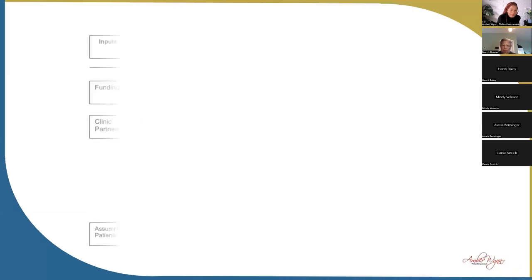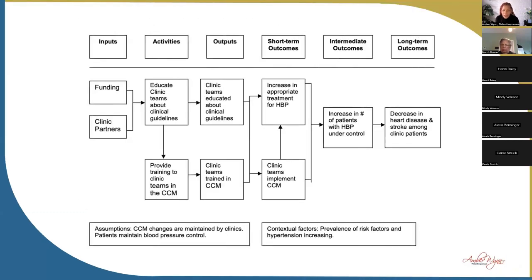So as it relates to what a logic model would potentially look like, there are 15 different versions. You need to find one that's going to work for you, and once you find the logic model that works for you, stick with it. Generally speaking, to the left we have the inputs: you have funding, you have the clinic partners.